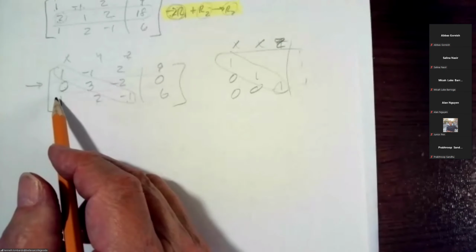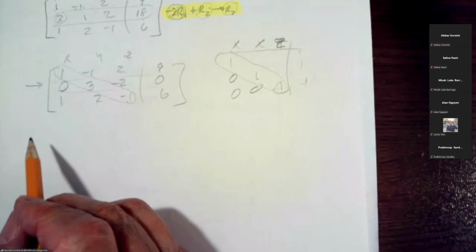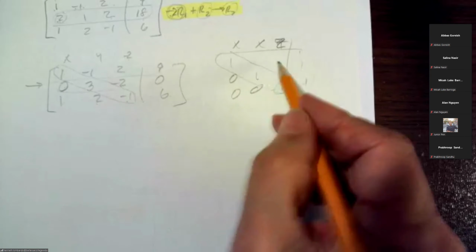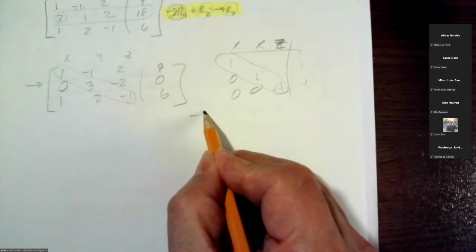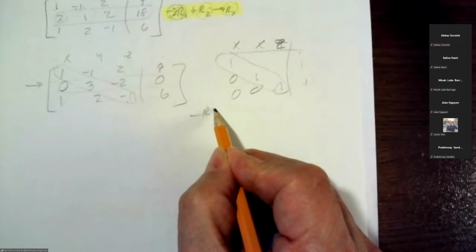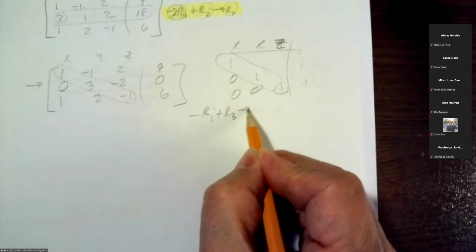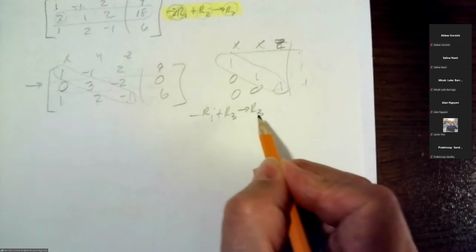Okay, let's do another operation, and let's do negative row 1 plus row 3 and replace row 3.